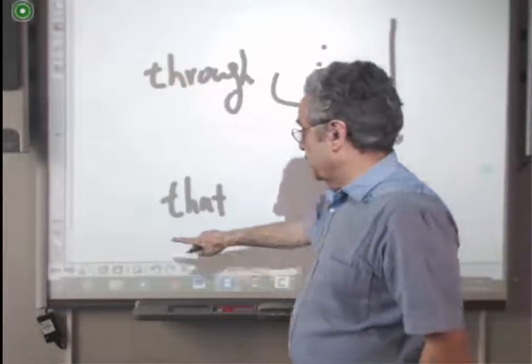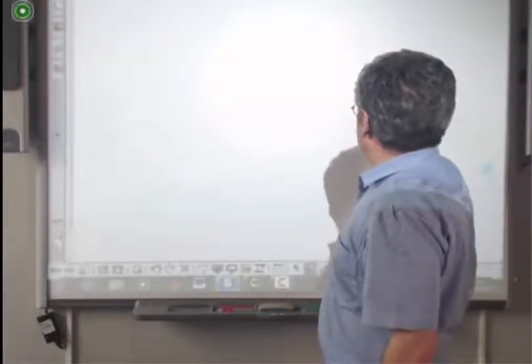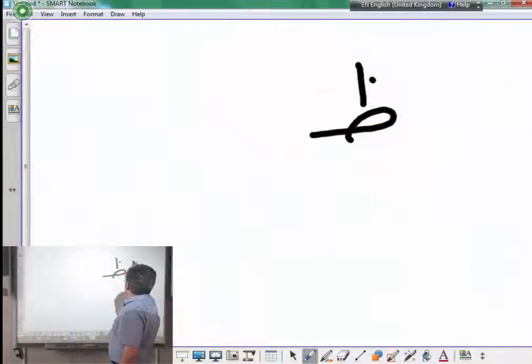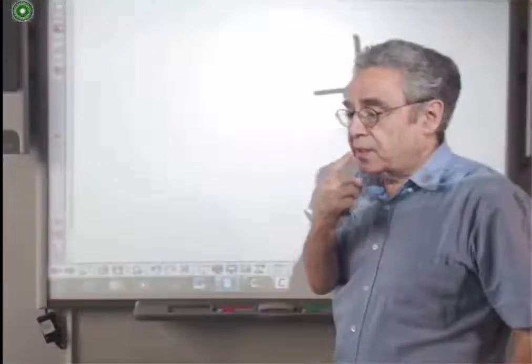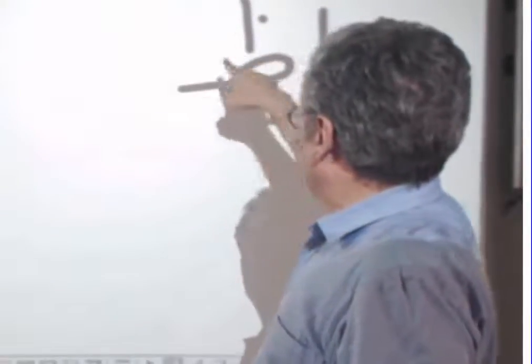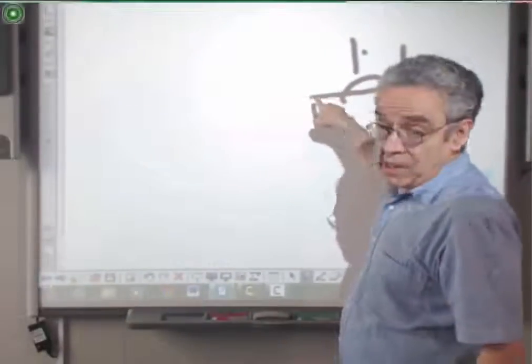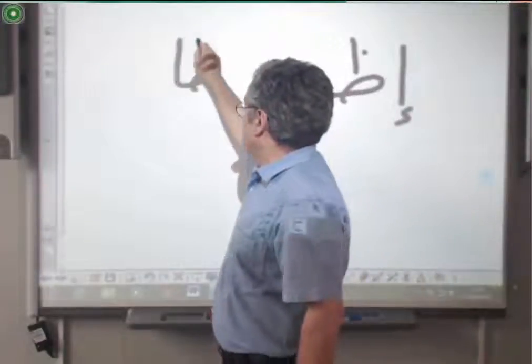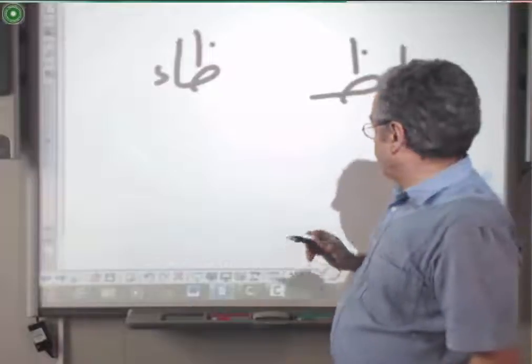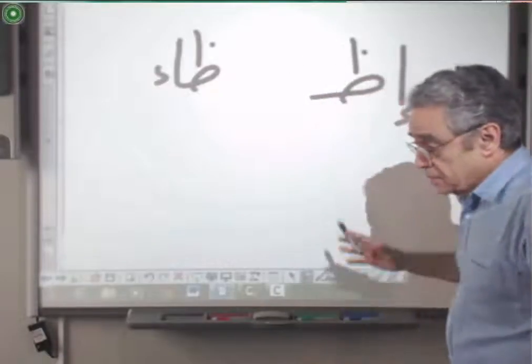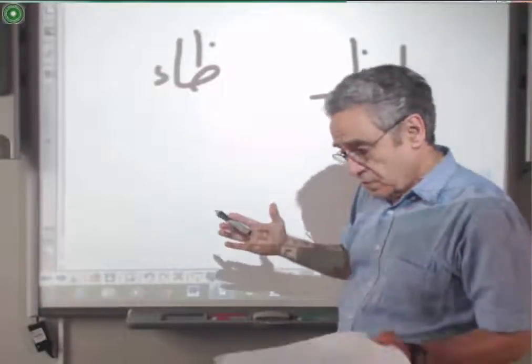So try it with me now. If, say it. If. So I can see it gives me the letter va. This is the letter, I write it here, va.